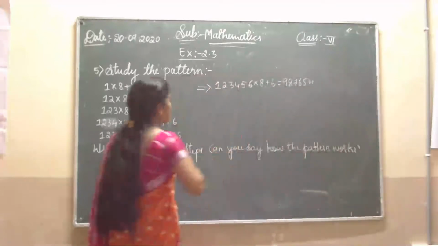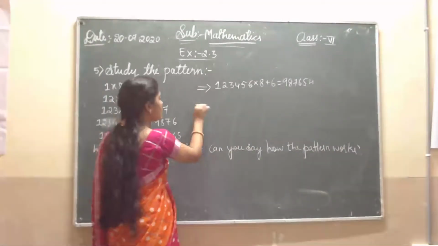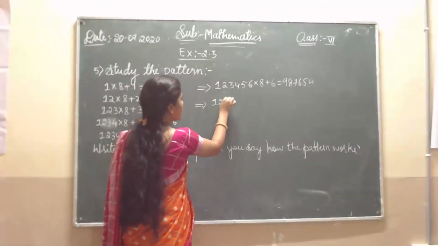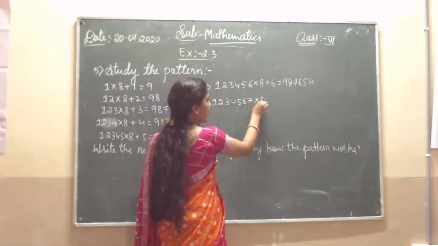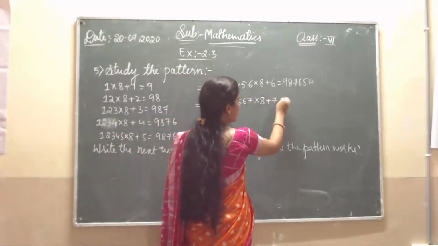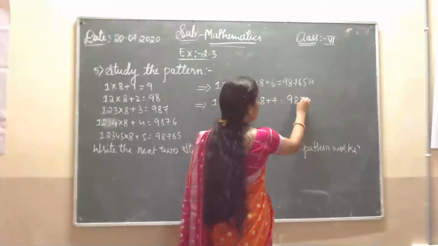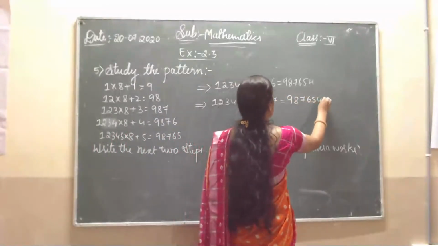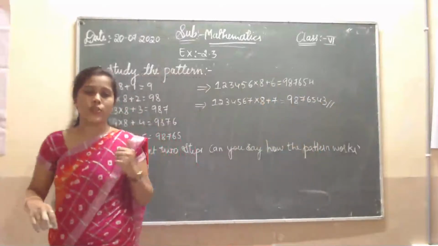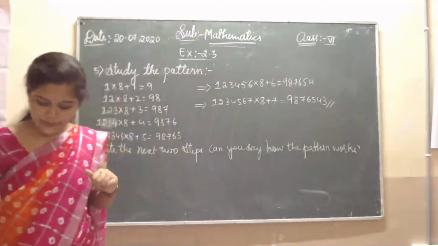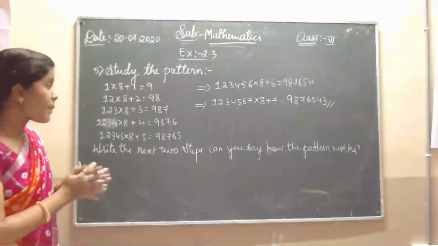Now this is one step. They ask for two steps, so the second step: 1234567 into 8 plus 7 equals 9876543. So these are the next two steps of this pattern.